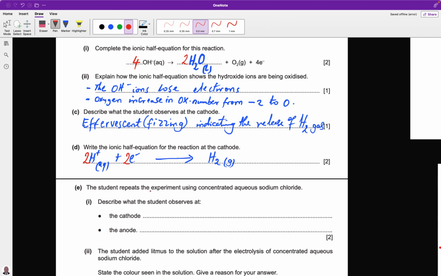Describe what the student observed at the cathode. There is fizzing and bubbles of colorless gas. You will observe fizzing. It's still a gas that is being produced.